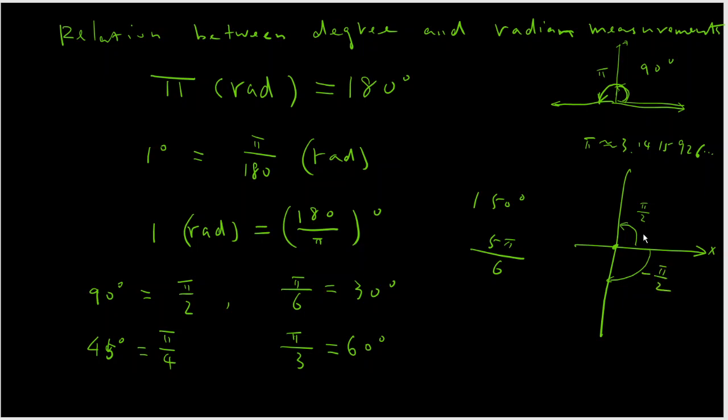So negative half pi or negative 90 degrees. You can also talk about, so now let's say 360 degrees. How large is 360 degrees? A complete rotation, right? It is 360 degrees.